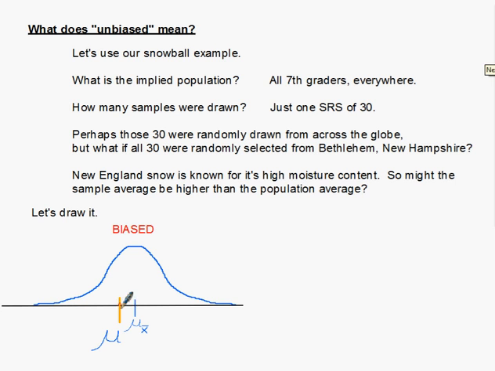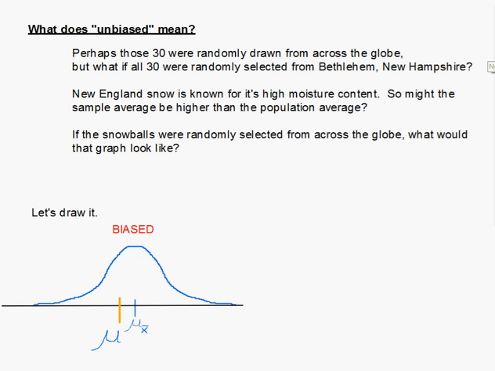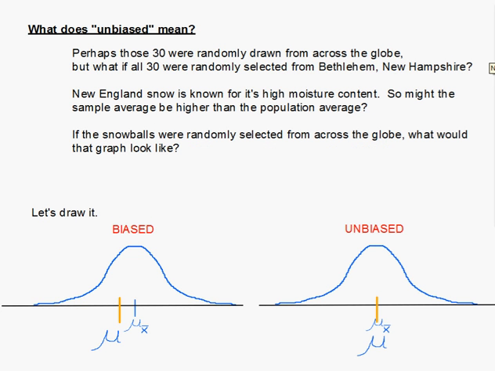There's a systematic shift that's happened which moves everything either above or below the actual population mean. So an unbiased graph would look something like this. Here we have our mean of sample means, the center of the sampling distribution, lined up with the population mean. So this is what unbiased looks like.